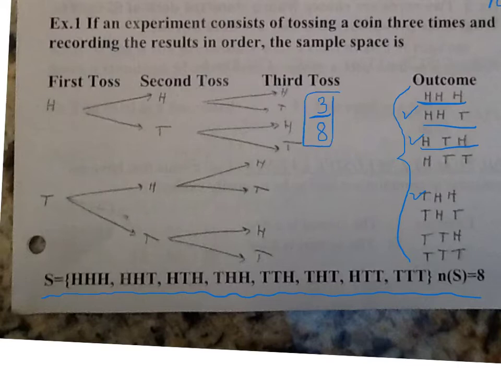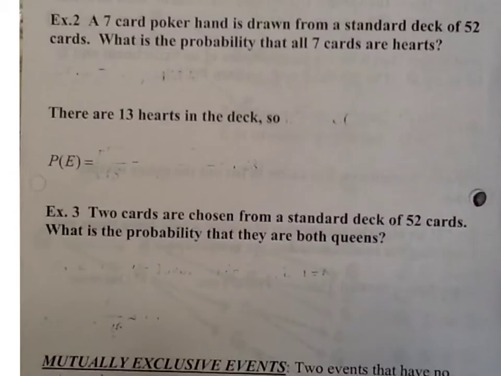The second part says, what's the probability of getting at least 1 head? So 1 or more. There's only one at the bottom that has no heads in it, so for at least 1 head, you could say 7 out of 8 possibilities.